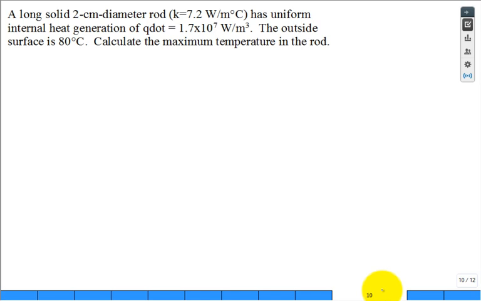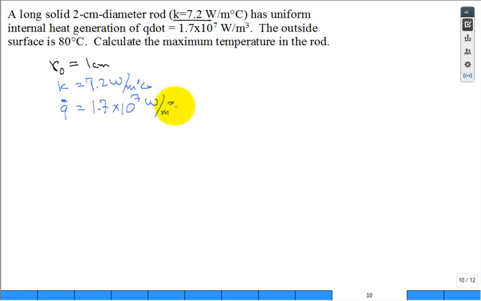Ready to solve this problem? We have a long, solid, 2 centimeter diameter rod. So the radius of this solid rod is 1 centimeter. And it has a thermal conductivity given, K is given, 7.2 watts per meter degree C. It has a uniform heat generation of 1.7 times 10 to the 7th watts per cubic meter.